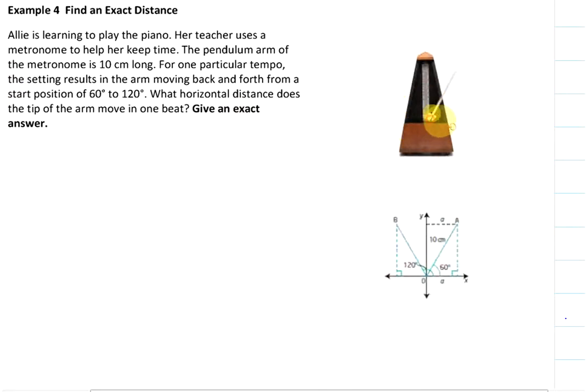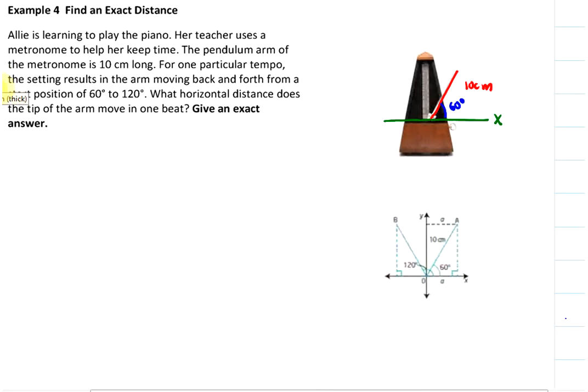Okay, so here is a metronome. Here is the arm, which is 10 centimeters long. It forms a 60 degree angle with what I'm going to call the x-axis here. Okay, and it moves back and forth to form a 120 degree angle as it moves to the left.